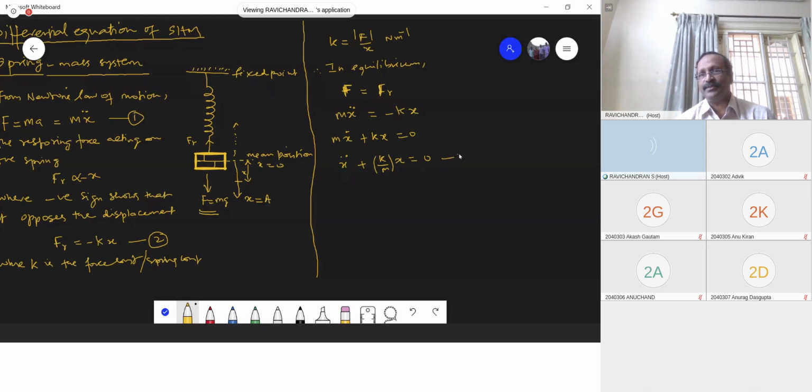This is my third equation. Of course, I got the differential equation. This is the second order differential equation. I can also write it like this: d square x by dt square plus k by m into x is equal to 0. Both are differential equations only.